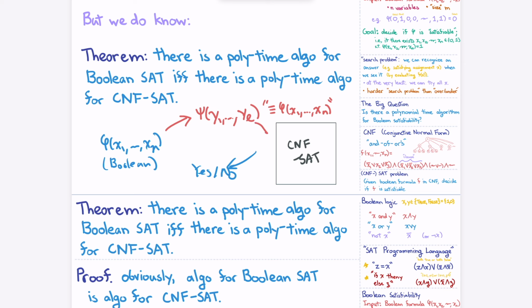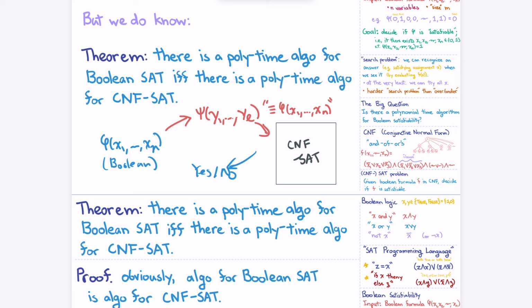Now it's in a proper format for the black box and it could spit out yes or no. So if I can convert the Boolean formula into a CNF formula that maintains satisfiability, then you can use your black box.